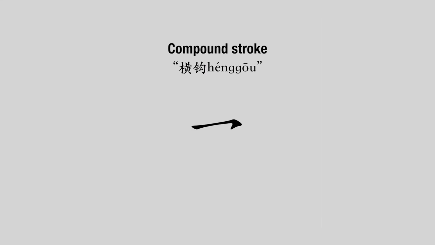Let's see how to write these characters. There are 3 new compound strokes in them, which are 撇点, 横钩, and 弯钩.